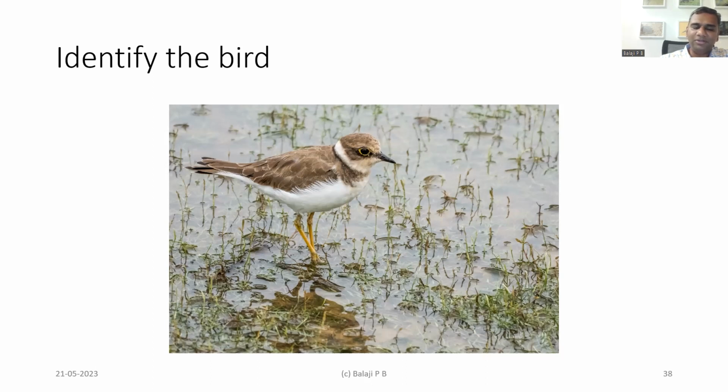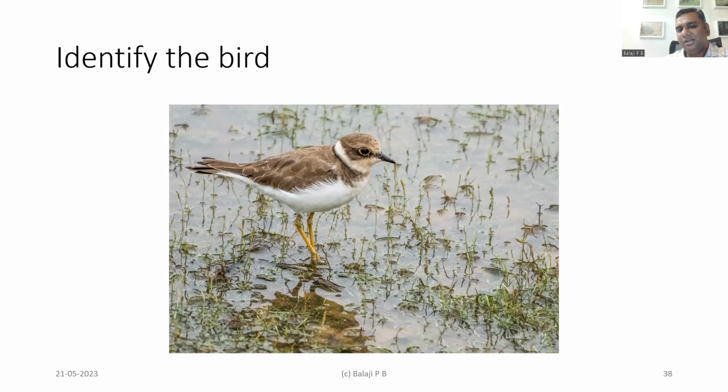So I'll help you. This bird is a little ringed plover in non-breeding plumage. It is the little ringed plover because it has an eye ring and a complete neckband. The breast band looks incomplete, but it's actually complete. There are some small differences between the non-breeding and the breeding plumage.